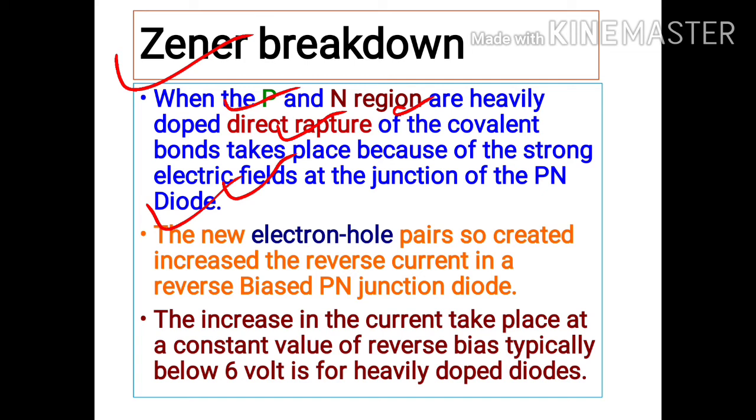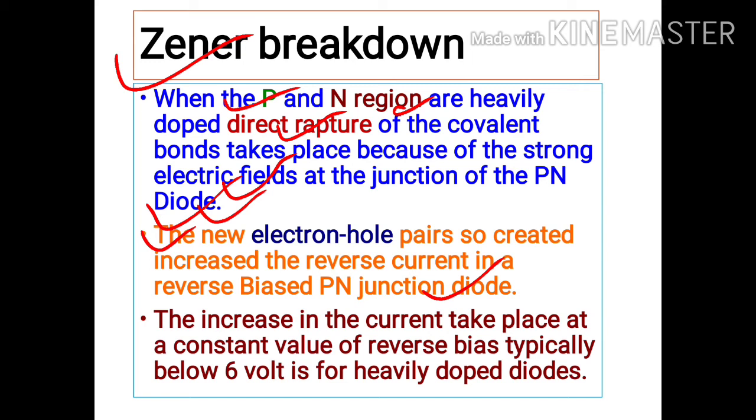Zener breakdown. So because of the strong electric field at the junction of the PN junction diode, the new electron hole pairs so created increase the reverse current in a reverse biased PN junction diode. The new electron hole pairs that will be created after the direct rupture of the covalent bond will help in increasing the reverse saturation current, because the number of electron hole pairs is going to increase to a very large number.